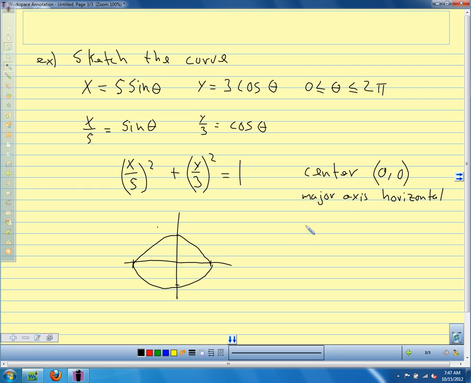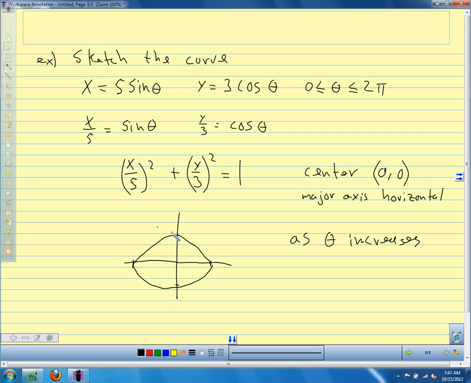And as theta increases from 0 to 2 pi, which direction are we going? So when theta equals 0, x equals 0, and y equals 3, right?